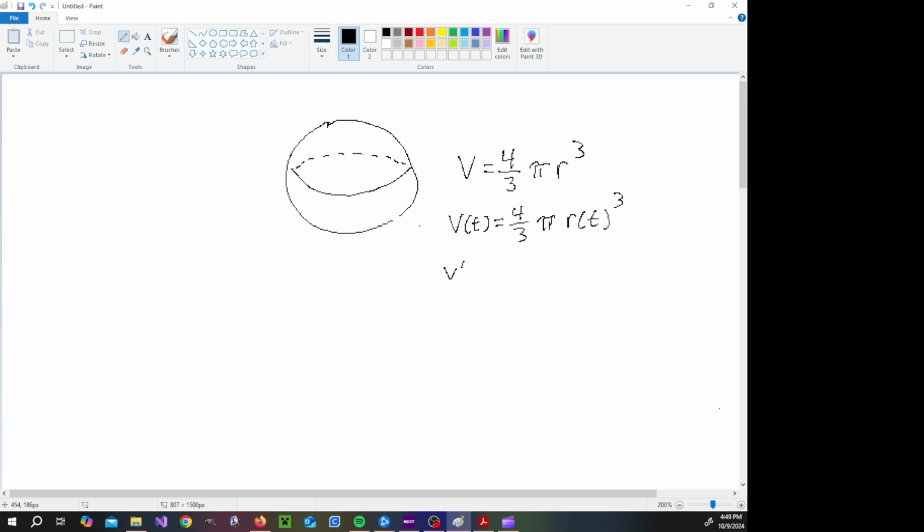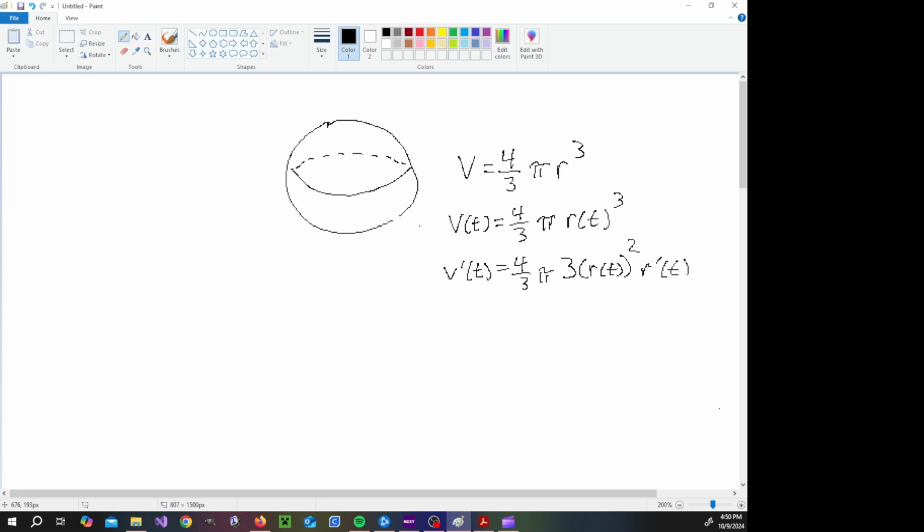Now we take this derivative, and 4/3 and pi are both constant, so they just stick around. And then we do the chain rule, right? On the outside, we're cubing a function, so the derivative of the outside turns into 3 times the inside squared, and the derivative of the inside is r prime of t.